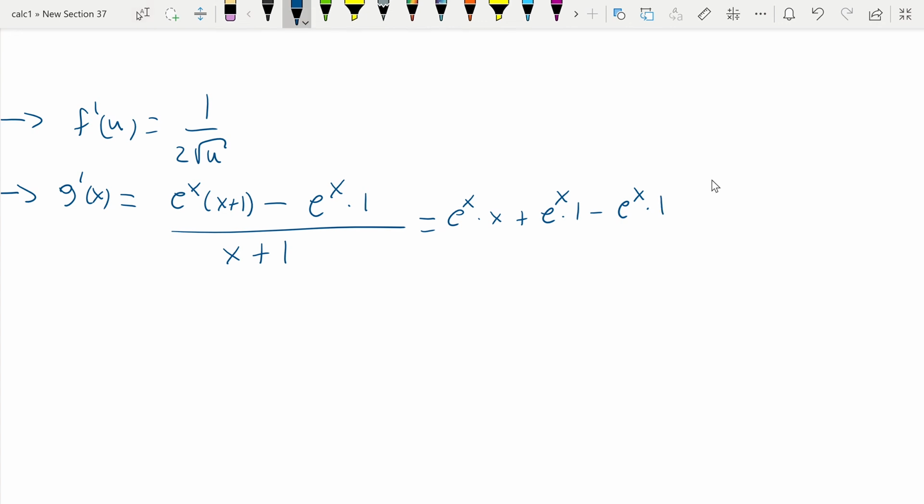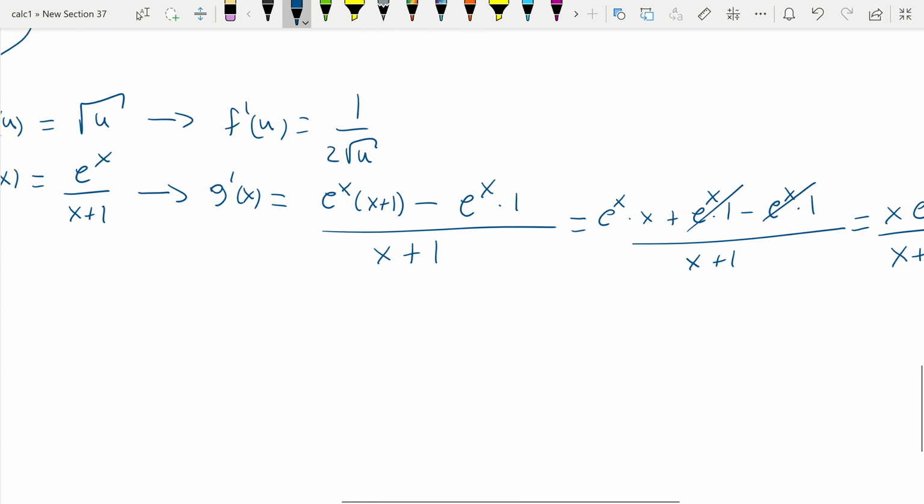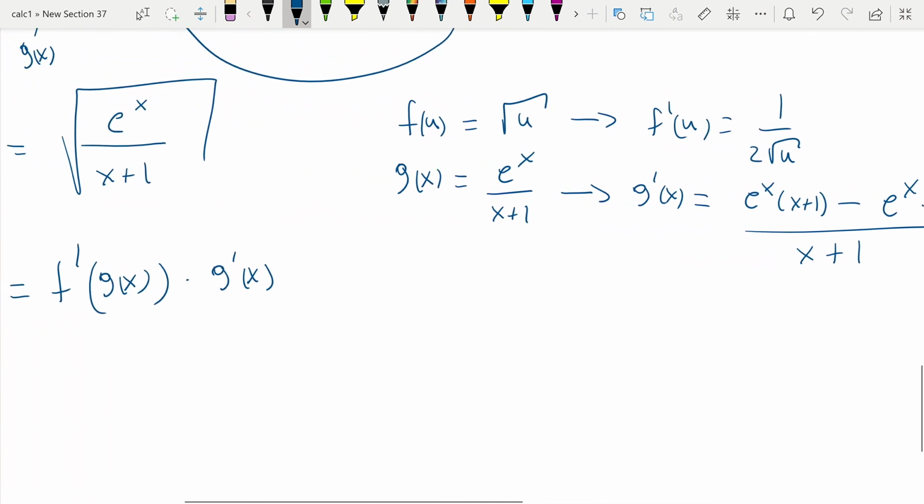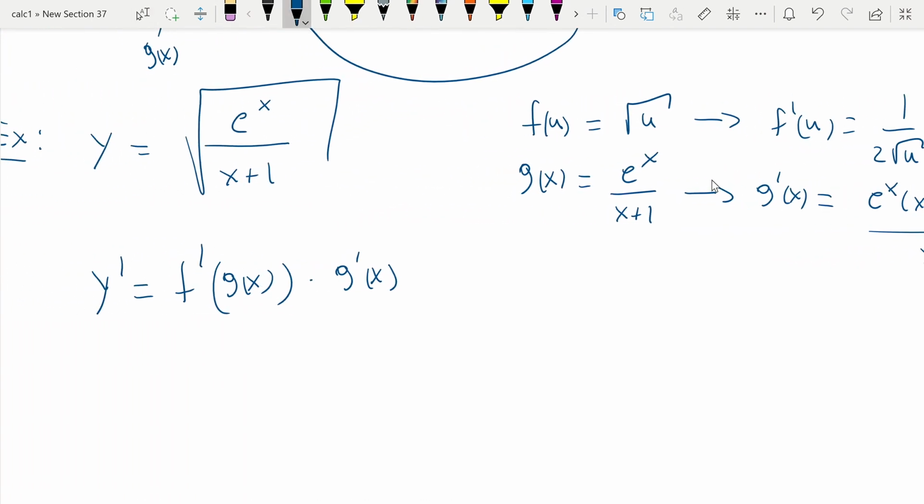These are e to the x's both, but I'm just making everything very explicit. This is 0, and this becomes x times e to the x divided by x plus 1. So we have everything we need to compute this derivative.